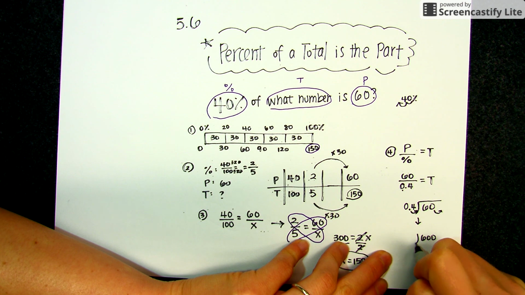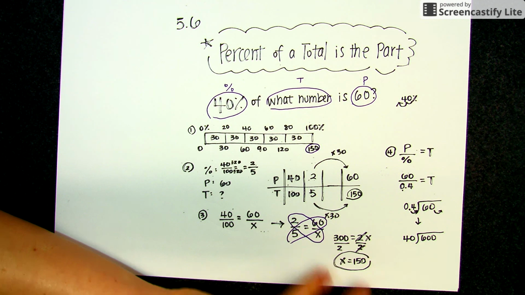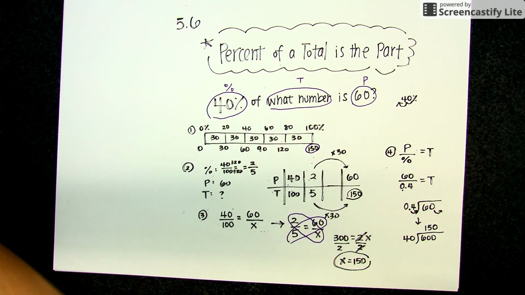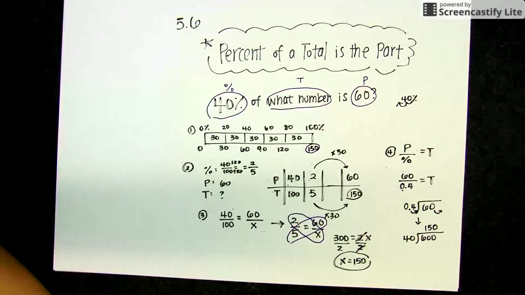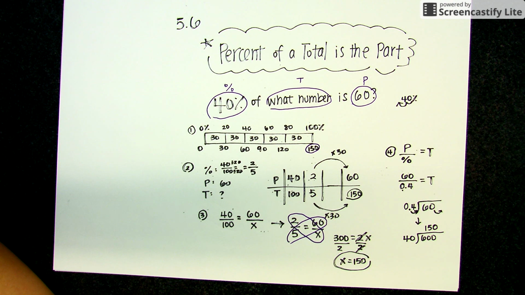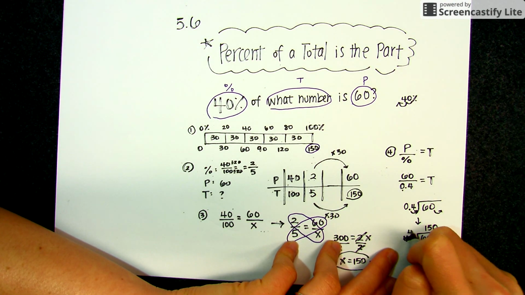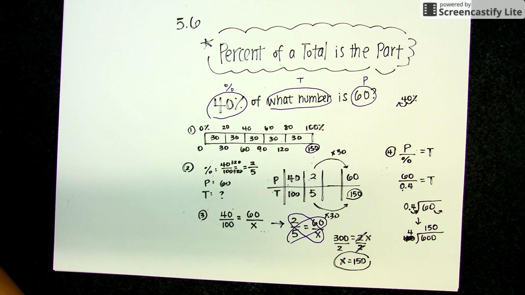So the new problem is 600 divided by 40. When you do the calculation, you realize that your answer is going to be 150. Oops, sorry, I totally messed this up. It's not 40, it's actually 4. Yeah, so it's 150. There you go.